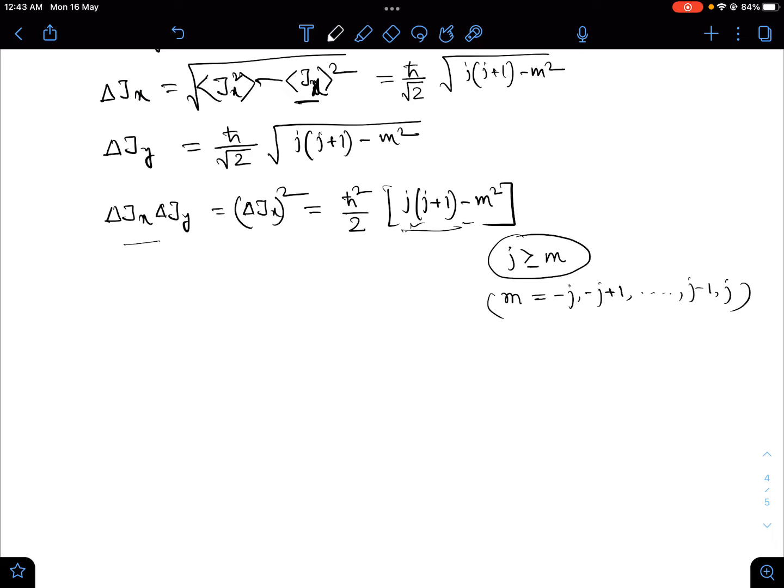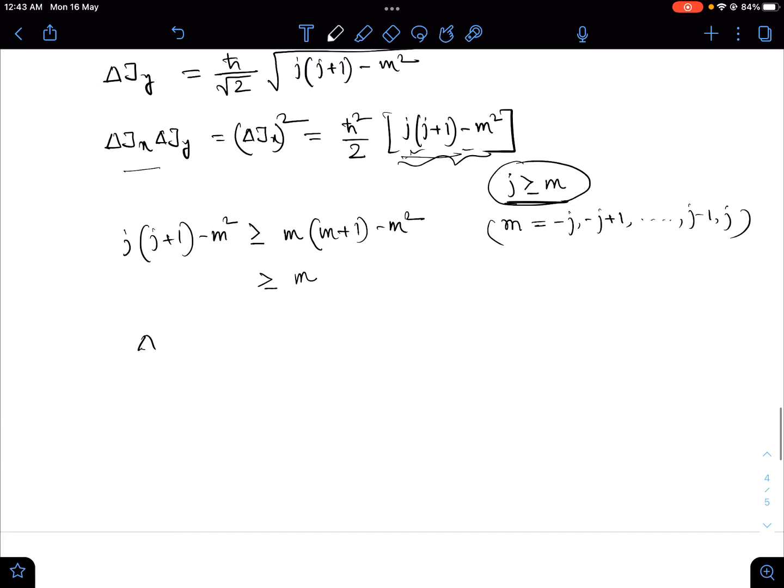So this term, j into j plus 1 minus m squared, must be greater than or equal to m into m plus 1 minus m squared, as j must be greater than or equal to m. So we get that it is greater than or equal to m.